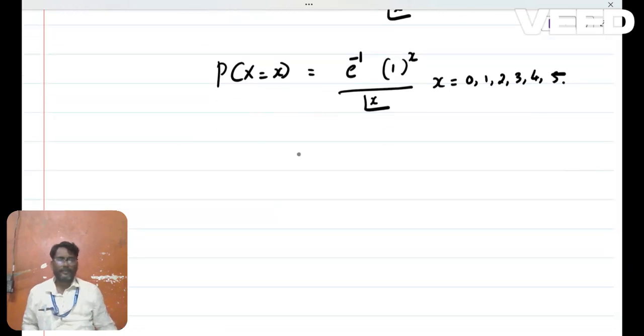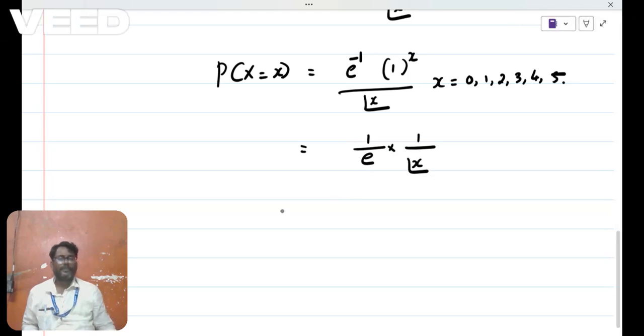We can simplify this. We will get e power minus 1 is 1 divided by e, into 1 power x is 1, divided by x factorial. So this is equal to 1 divided by e into x factorial, x is equal to 0, 1, 2, 3, 4, 5.